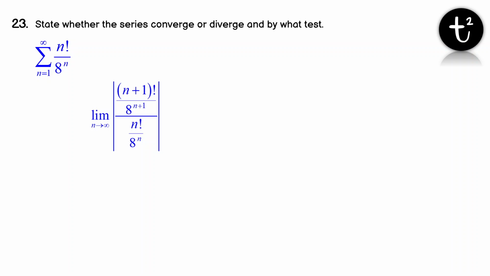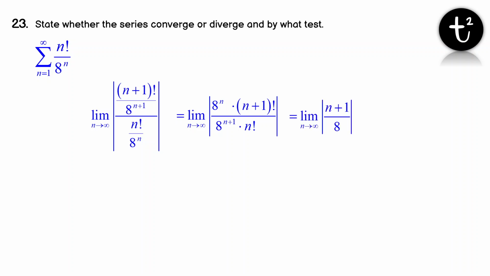We don't like working with complex fractions, so I'm going to flip and multiply. As I flip and multiply, I'm going to rearrange my terms so that I see like terms together. Now I'm going to make a simplification. As far as the base 8 terms go, 8 to the power n divided by 8 to the power n plus 1, after cancellation, I'm simply left with an 8 in the denominator.